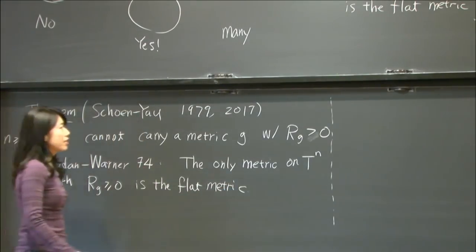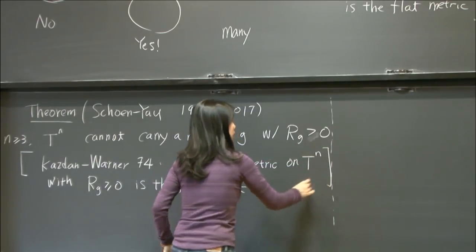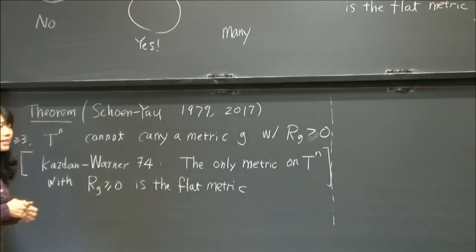So the flat metric is the Euclidean metric. Again, it's a cube, but you identify the sides. And that metric on the torus is the flat metric.